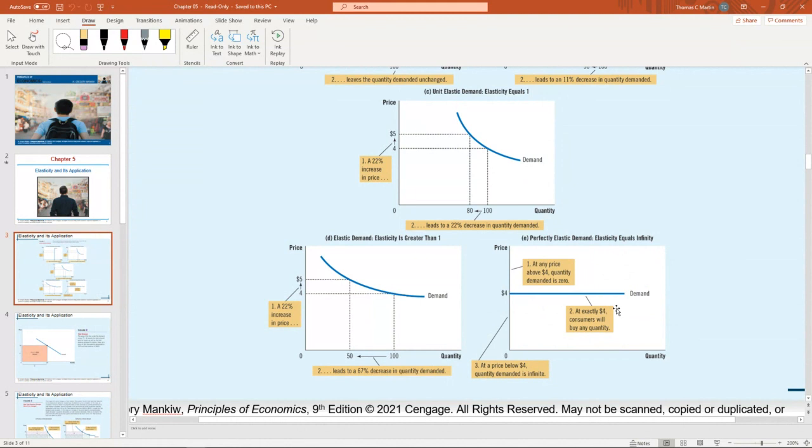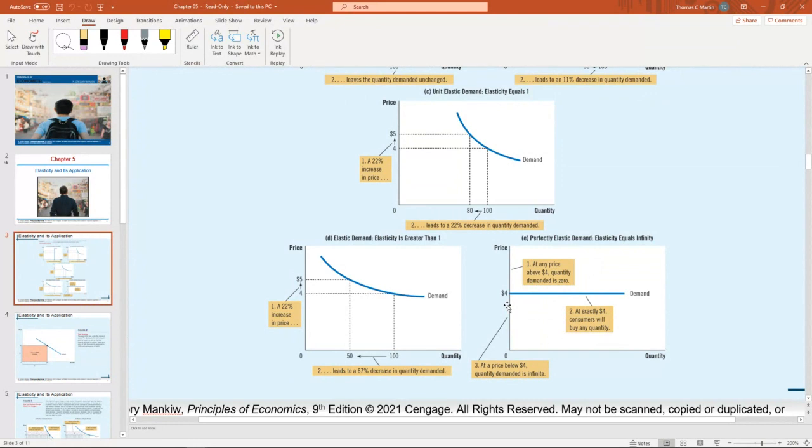If the price is below 4, I'll consume an infinite supply, or the consumers will consume everything that's produced. Well, that's at least what is perceived. So in looking at this, if I'm a producer of this good, whatever it may be, I'm not going to sell it at $3.80.